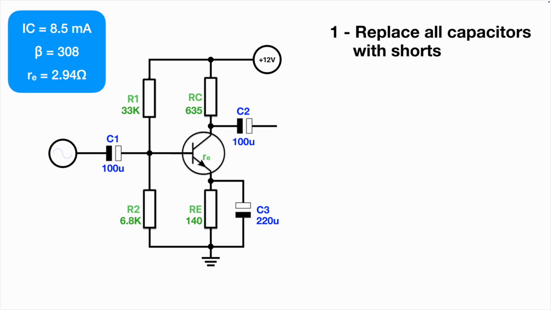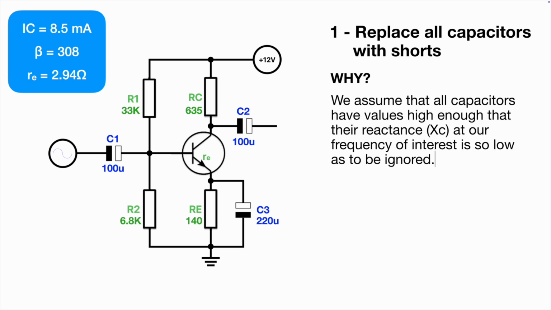So the first thing we're going to do is replace all the capacitors in our design with short circuits. Why? Well, it's a fair question to ask. What we're going to assume is that all the capacitors that we've got here have values of capacitance high enough so that their reactance at our frequency of interest is so low as to basically be ignored.